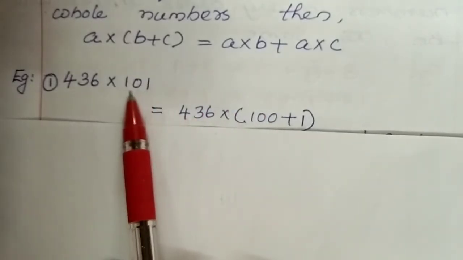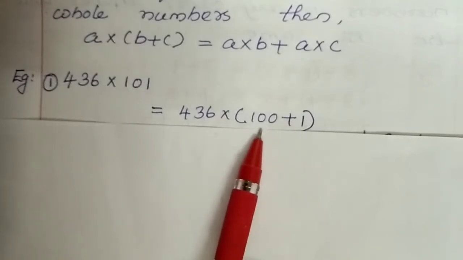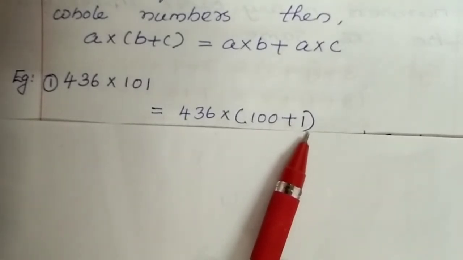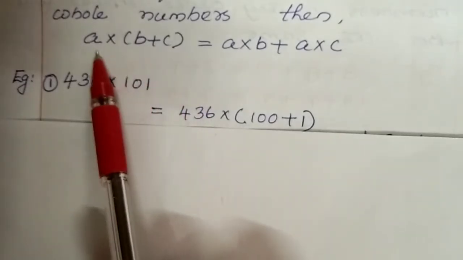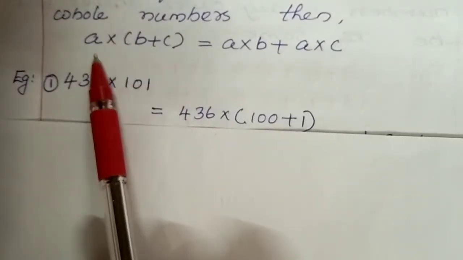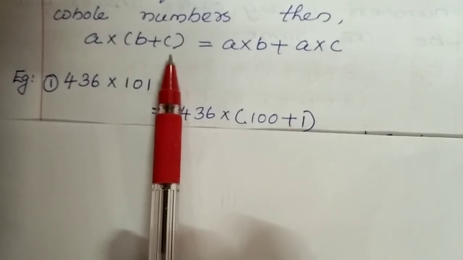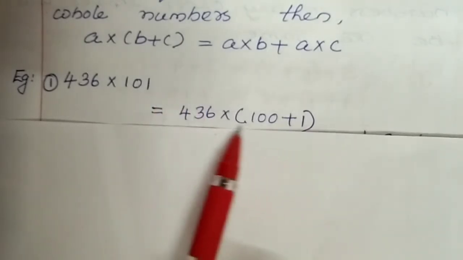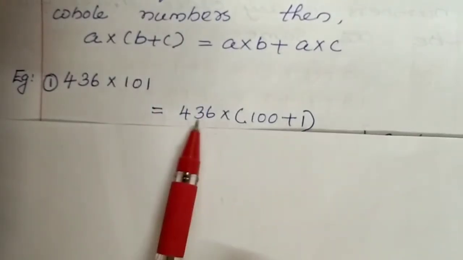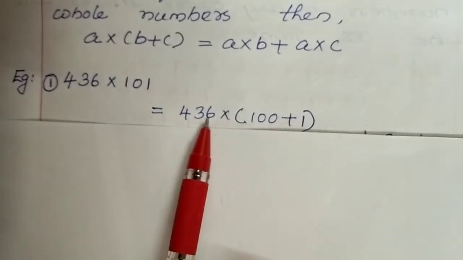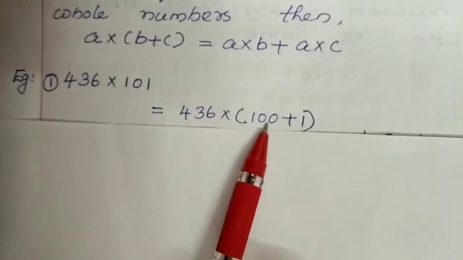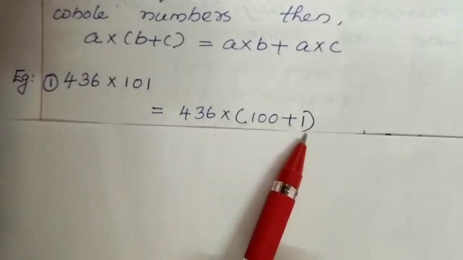So we just change this number as 100 plus 1. Now our question is in the form of distributive property, that is A into B plus C. In this question, A is 436, B is 100 and C is 1.